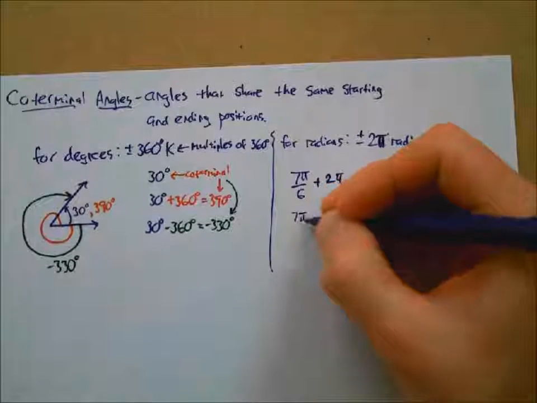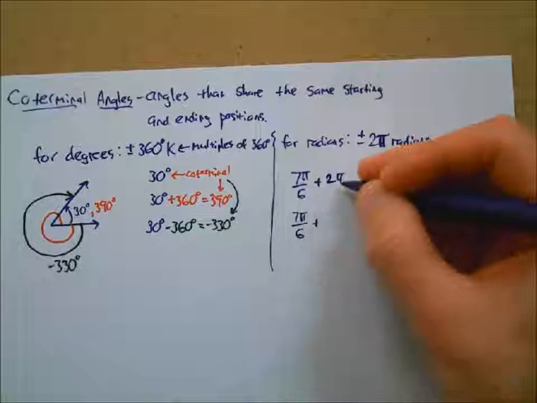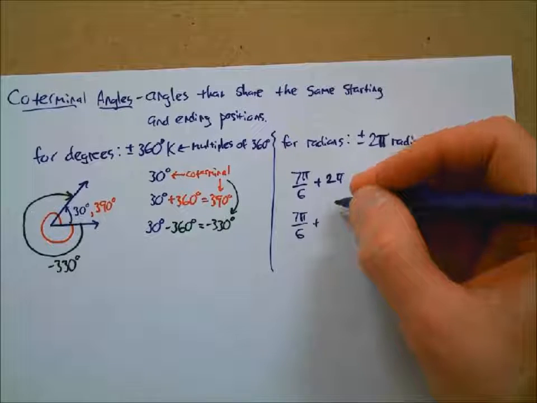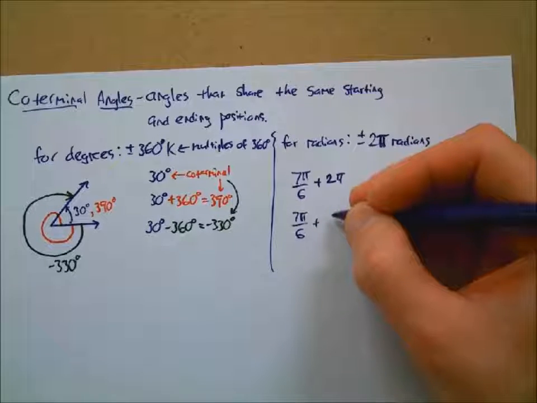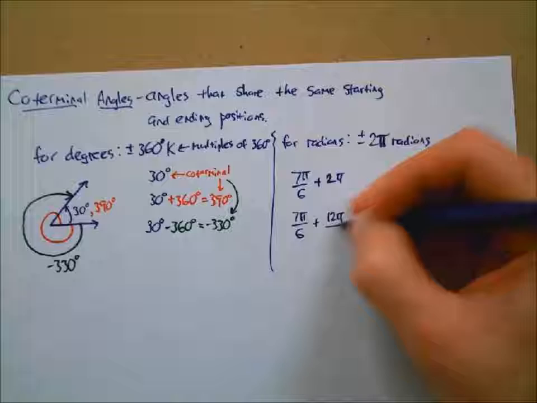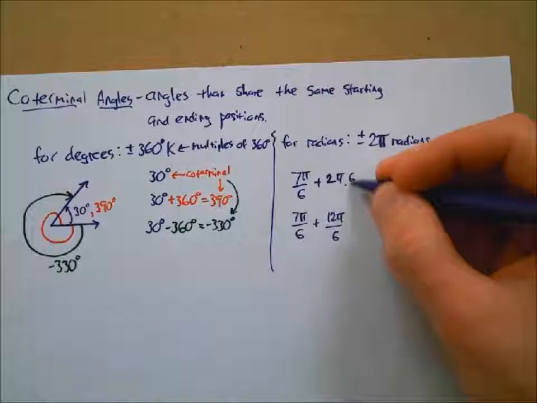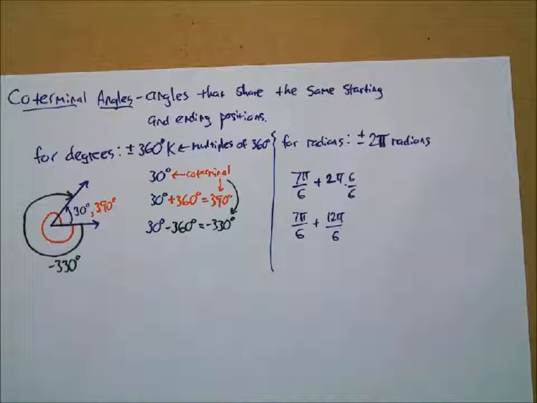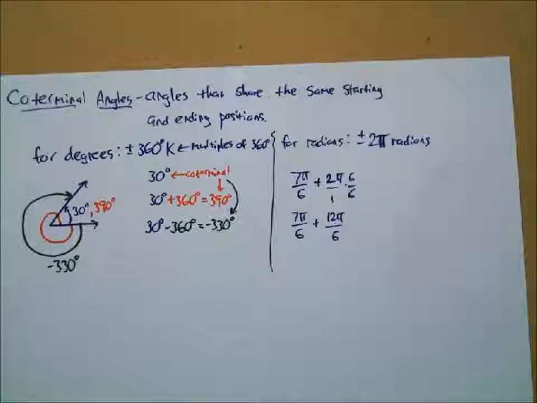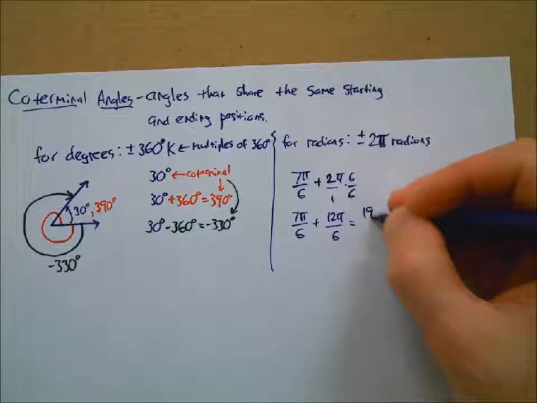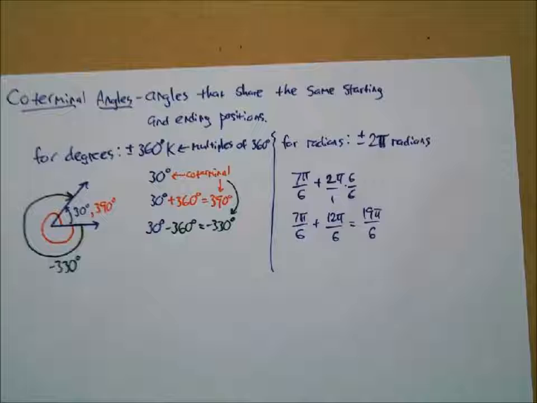So 7 pi over 6 will stay that. 2 pi is how many sixths? 12 pi sixths, right? We multiply the top and bottom by 6. And so that gives us 19 pi sixths.